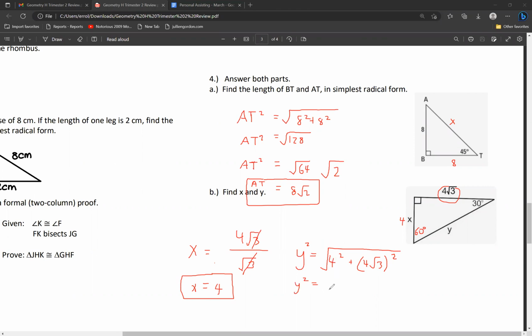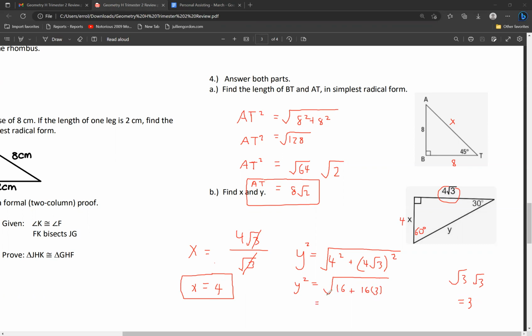4 squared is 16, right? Plus what? What's 4 times 4? That's also 16. And root 3 times root 3 is what? 9, yeah, it's root 9, but then root 9 is 3, right? So 16 times 3. So this one is 48.